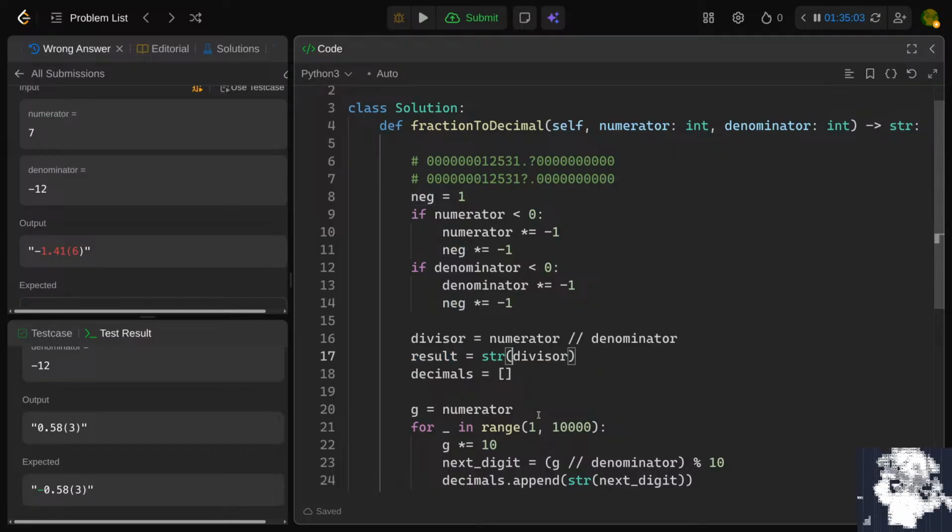So instead of doing that, we'll use an F string. So we'll say, yeah, we'll just do it like this. And neg should be the symbol minus.